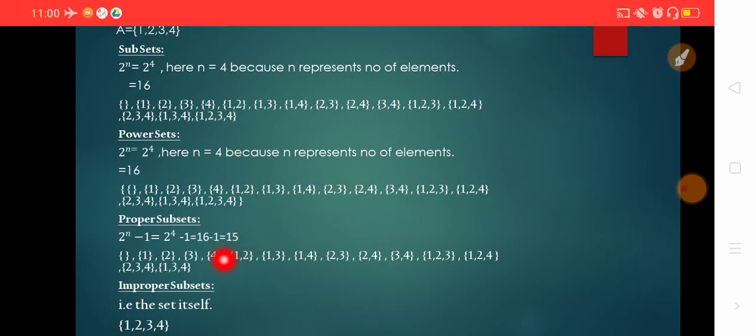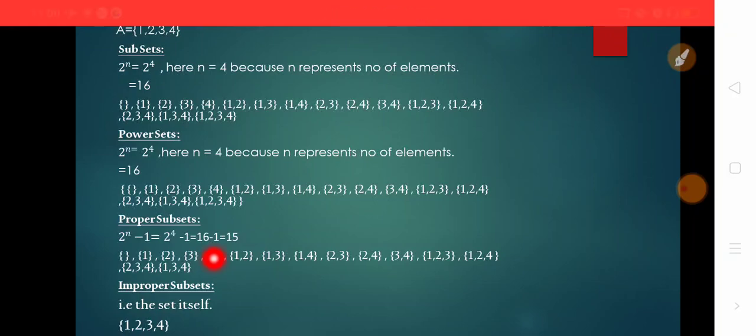Now in this we are going to make 15 subsets. So this is how we are going to make it. The last set is {1, 2, 3, 4}, but we are not going to write that set as we have to make 15 sets.